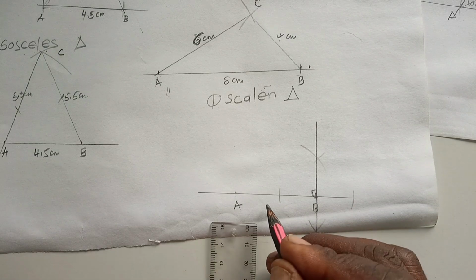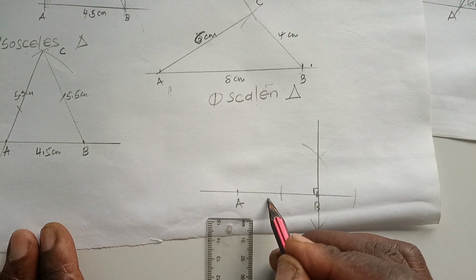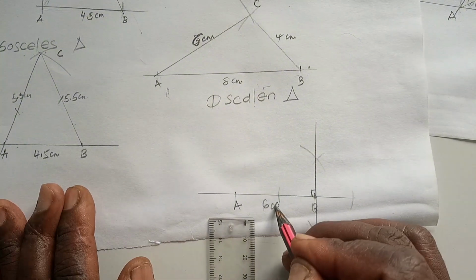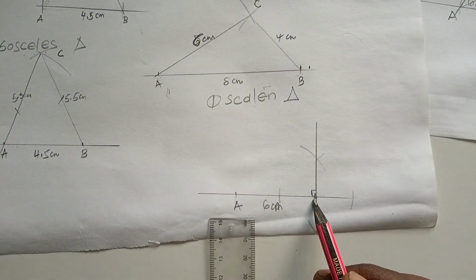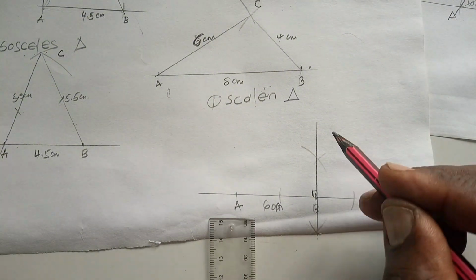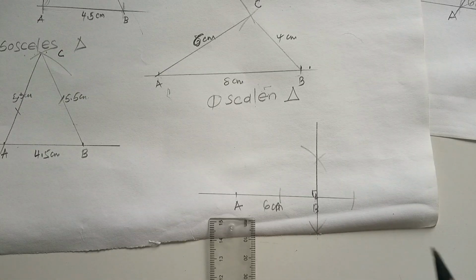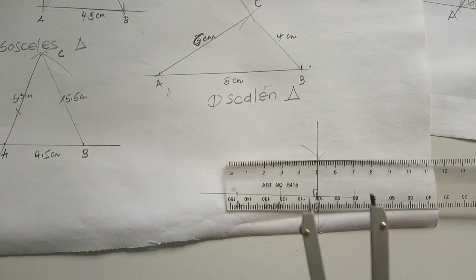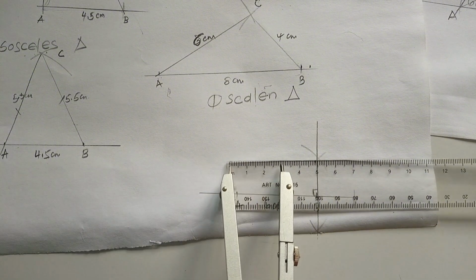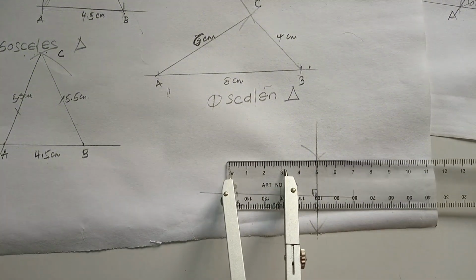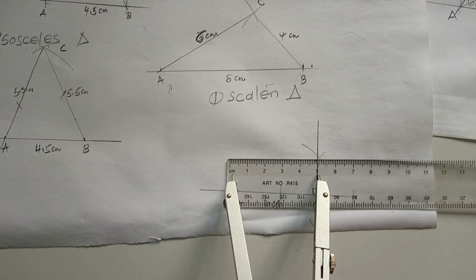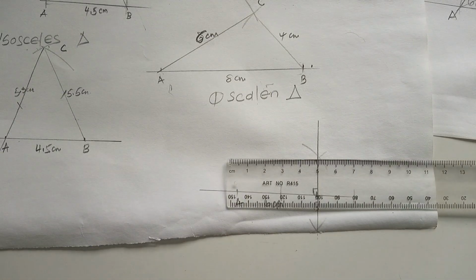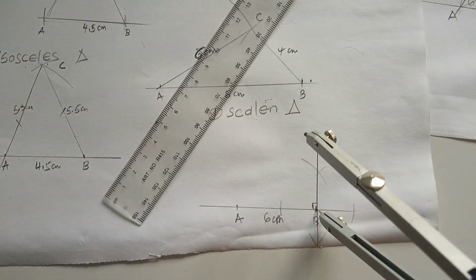If you are given 6 centimeters, for example, the length from A to B, and this other one was 5 centimeters. What you do, you measure accurately from your ruler 5 centimeters, and then you transfer it to this point like that.